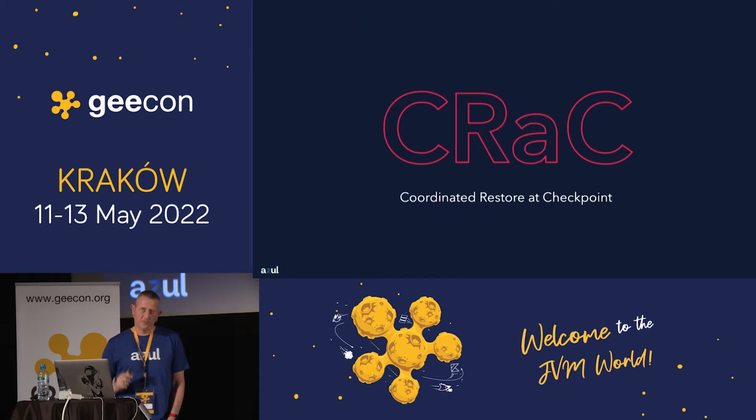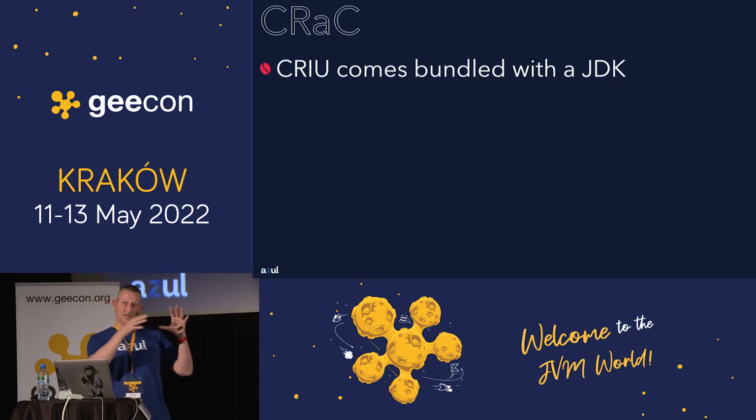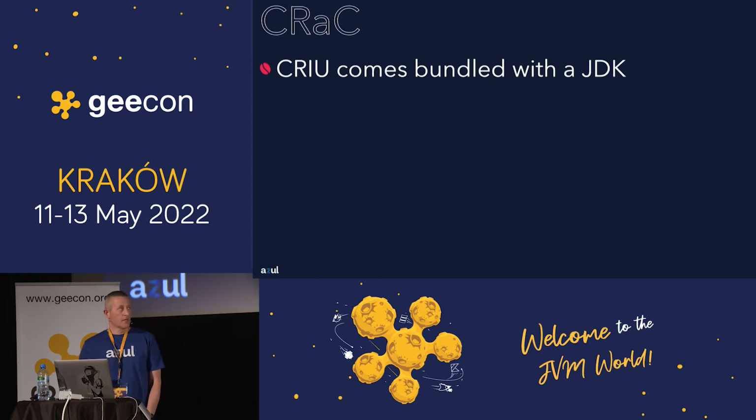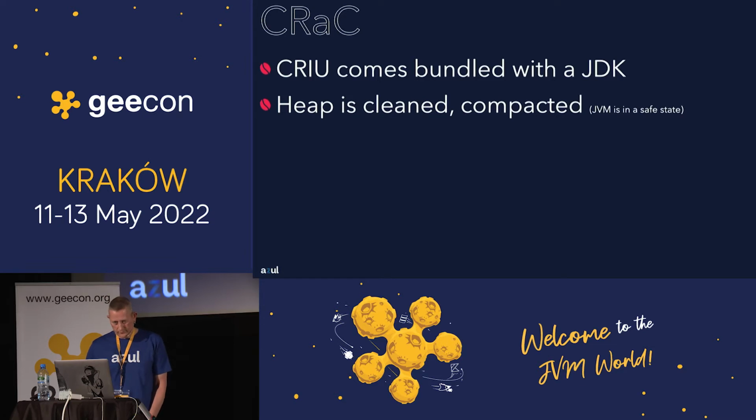But there is this new project called CRaC, which is a coordinated restore at checkpoint. That means instead of just doing it on a more operating system level, we have to somehow find a way to make it possible, implement it within the JVM. So CRaC comes bundled with the JDK, that's the idea. And the heap is cleaned and compacted, so we make sure that the JVM is in a safe state.